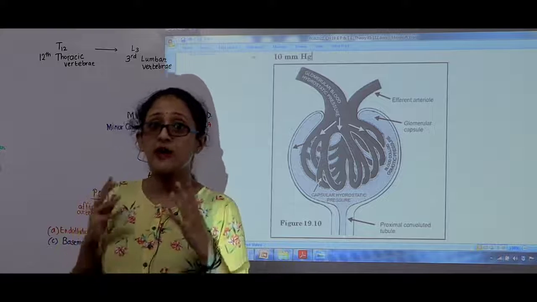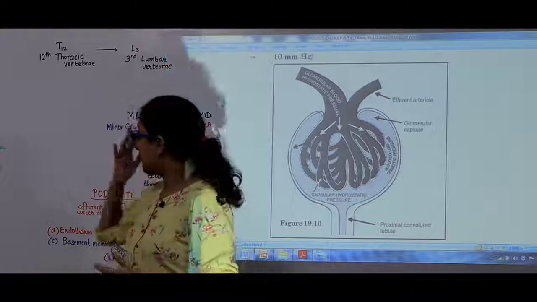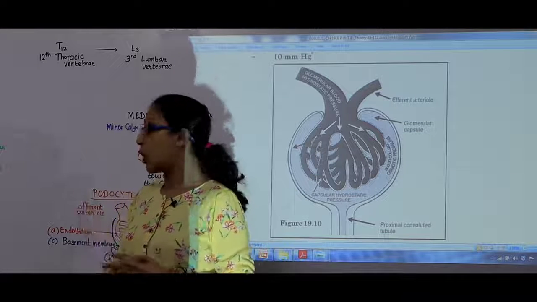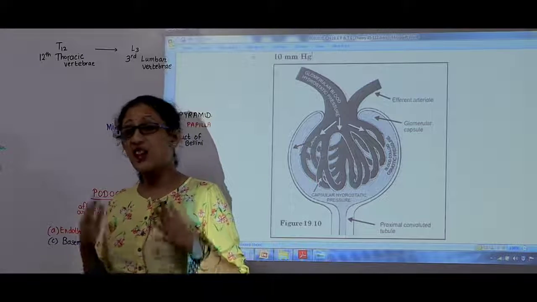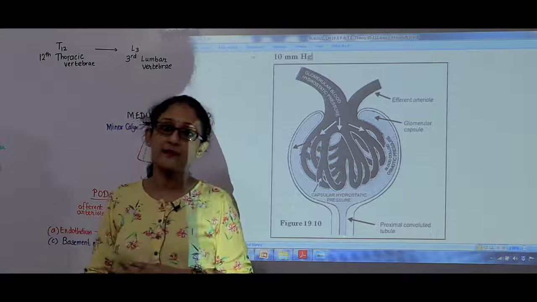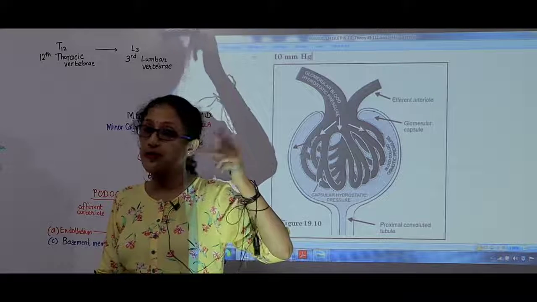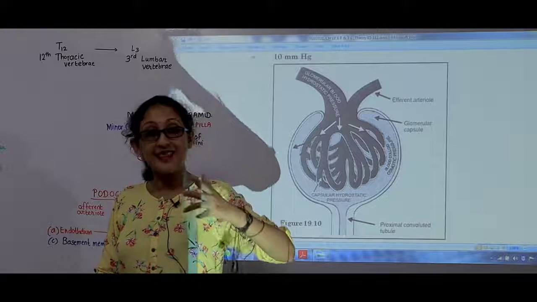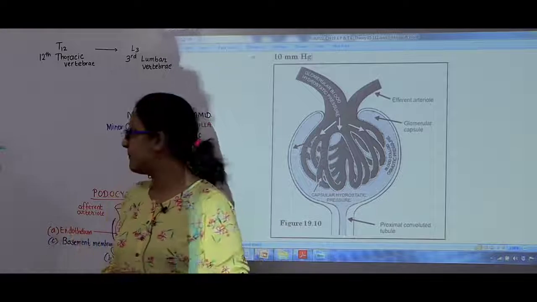So, in this lecture, we have covered up a lot of topics. We covered the structure of the nephron, Malpighian corpuscle, juxtaglomerular apparatus. In that we did those 3 types of cells, the juxtaglomerular cells, the Lacis cells, the macula densa.